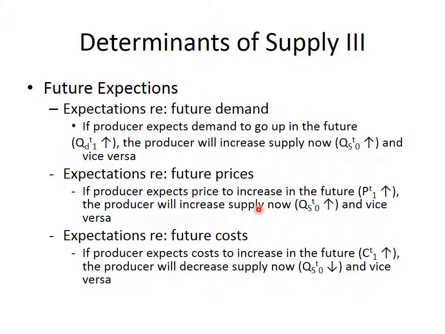This becomes a self-defeating prophecy. Okay? I expect that I'm going to get more for my product in the future. As a result of that, I'm going to increase its production now. That's going to shift the supply curve outward, which will have the effect of actually lowering the price.